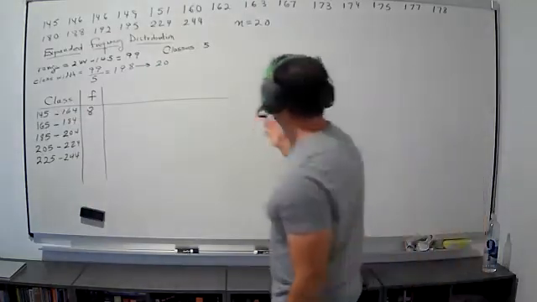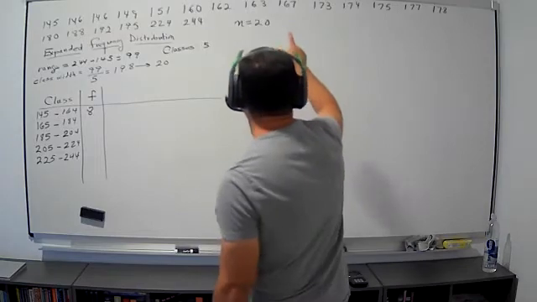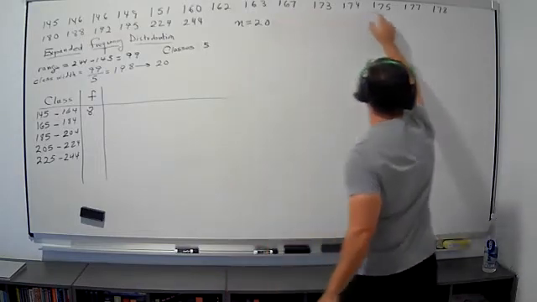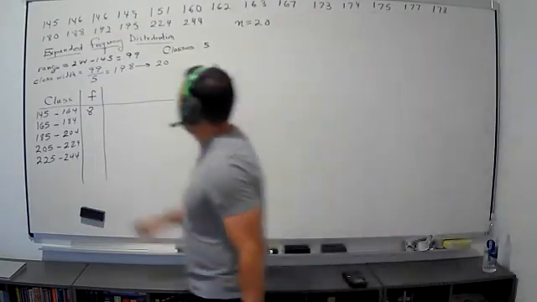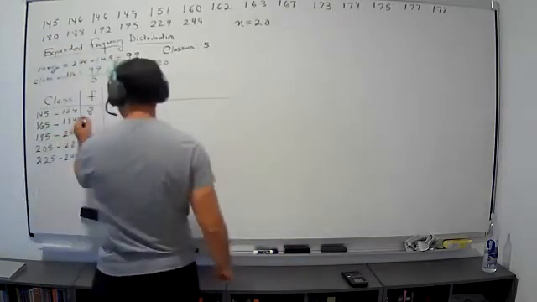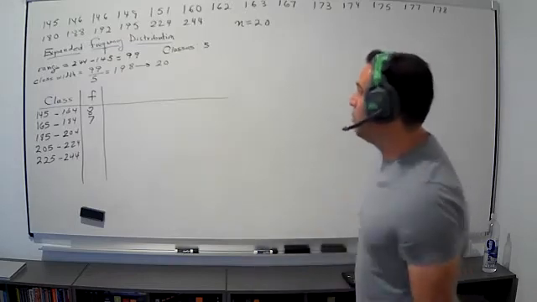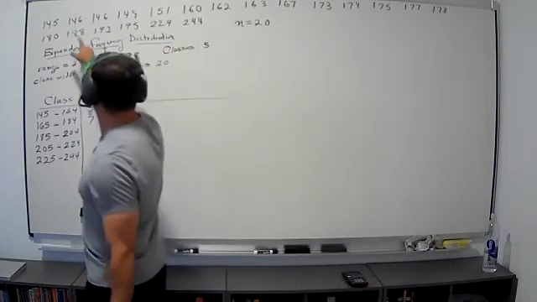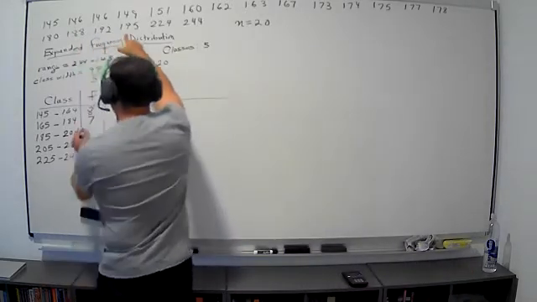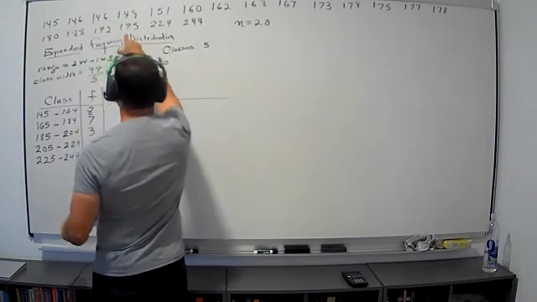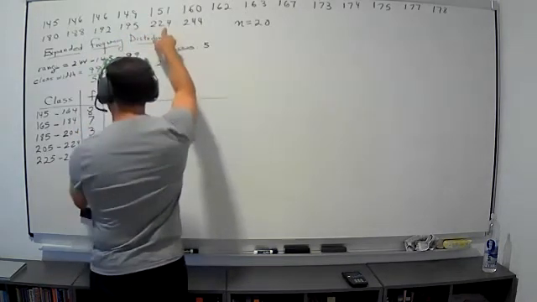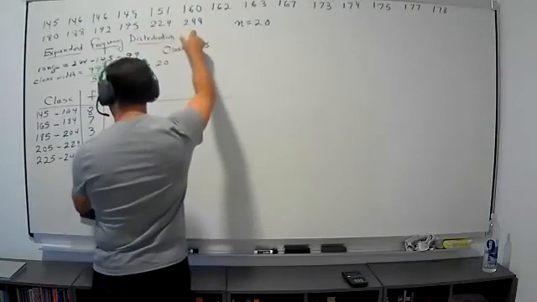And then 165 to 184, we have 1, 2, 3, 4, 5, 6, 7. And then you have 185 to 204, 1, 2, 3. And then you have 205 to 224, that's just this one. And then you have 244, that's that one.